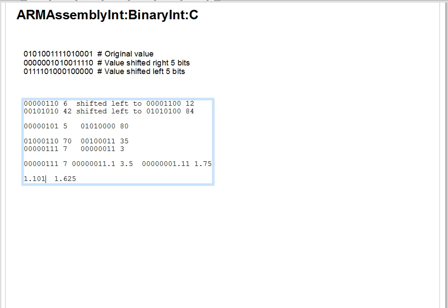The second complexity with right shifting comes when right shifting signed negative numbers. So consider the case of right shifting this to get that.